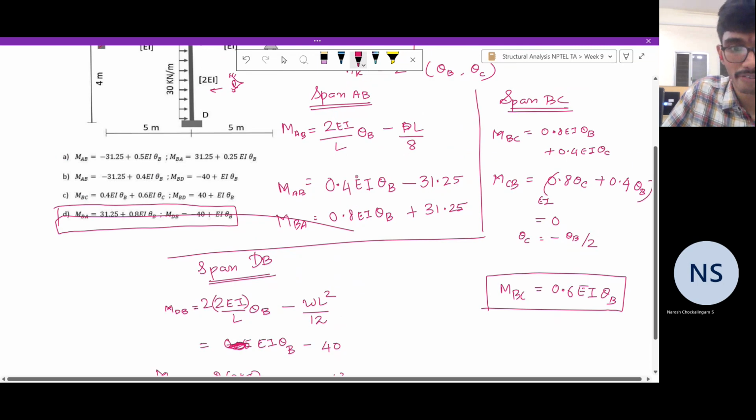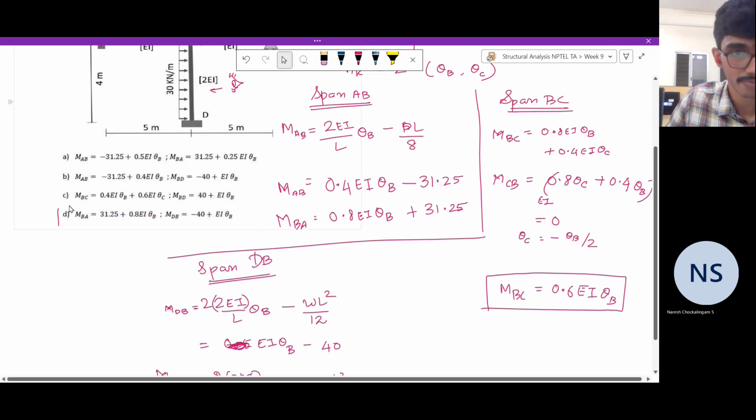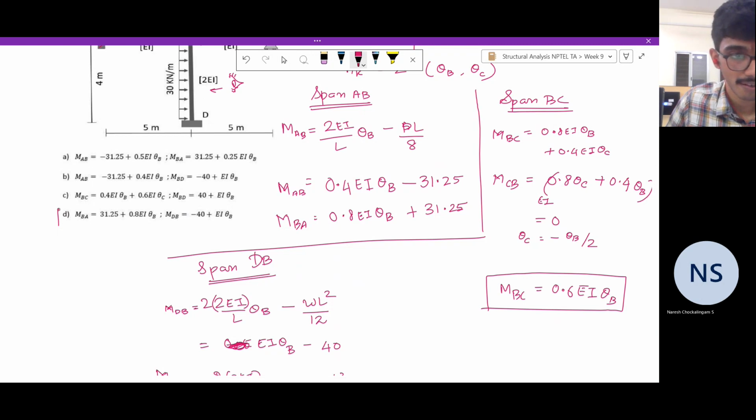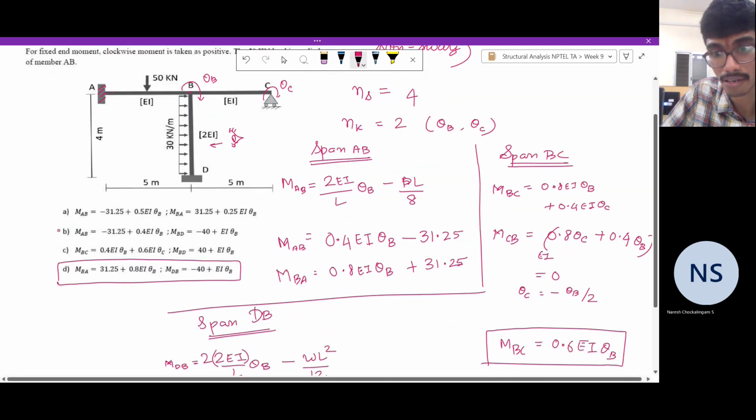Now, at which point we need to enforce the equilibrium equations at all unconstrained degrees of freedom.